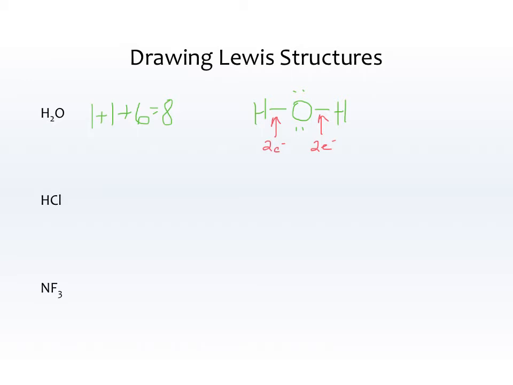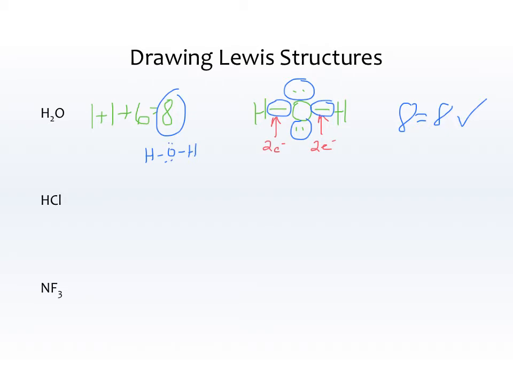So now all we're going to do is count up what we have, and if it matches, we're good. We have 2, 4, 6, 8. 8 equals 8. Check. This molecule is complete. So that ended up looking like this.